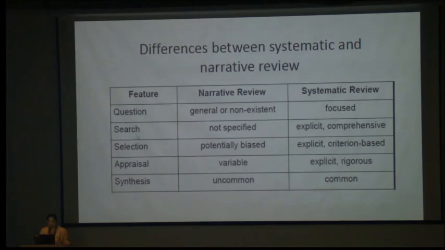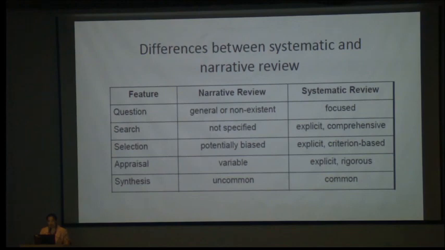Also, the steps for searching, selecting, appraisal, and synthesis are specified in a systematic review. While we don't know exactly in a narrative review how the authors arrived at the studies they've included, we don't know how they selected those studies, and we don't know about the quality of those studies.